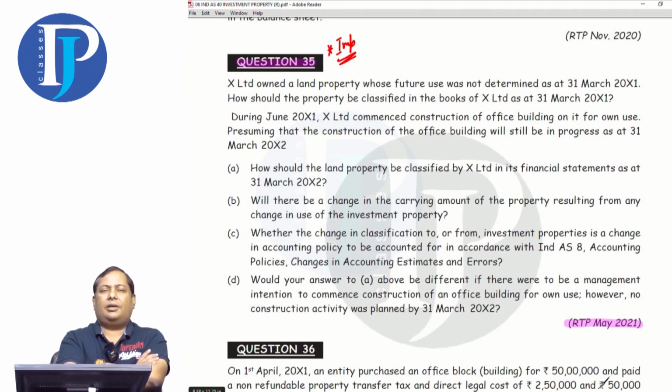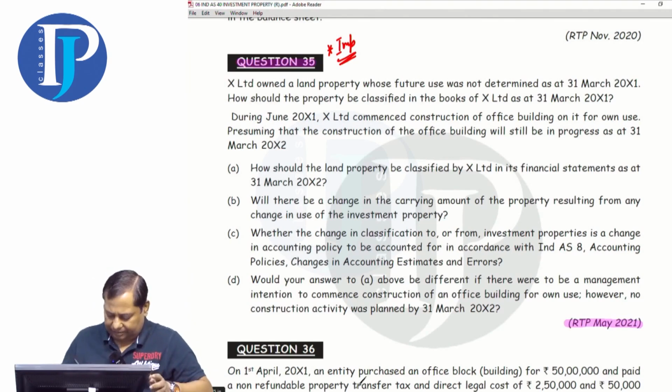It's a 5 mark question. You have to give 4 answers. What does the question ask?